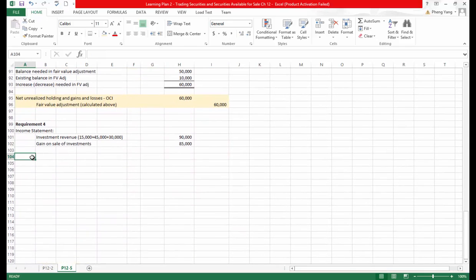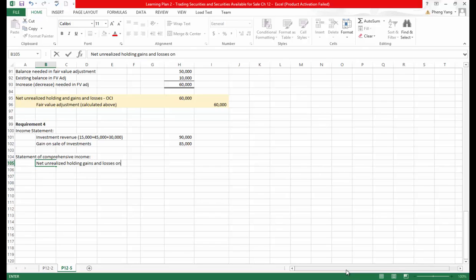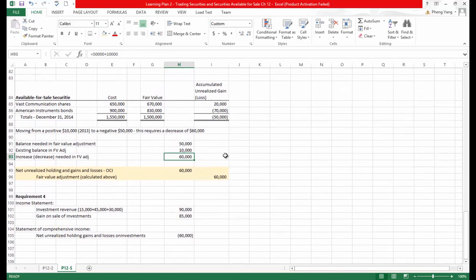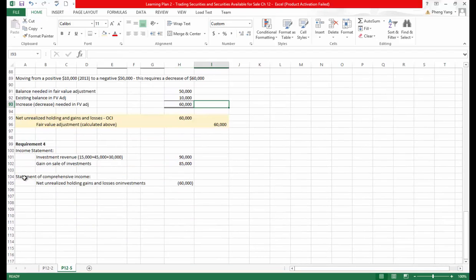And then under the statement of comprehensive income, we've got a net unrealized holding gains and losses on investment. And it was that 60,000 that we calculated here. That's that one.